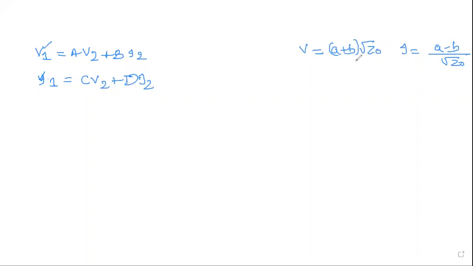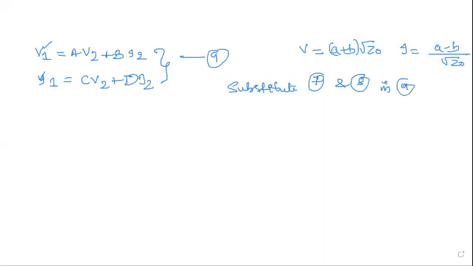Similarly, Z01, Z02, because we are taking two both. This is the general equation what we have got. So you need to substitute. You can write down, substitute 7 and 8 equations in terms of port 1 and port 2. And you can consider this equation as 9 in 9th equation.